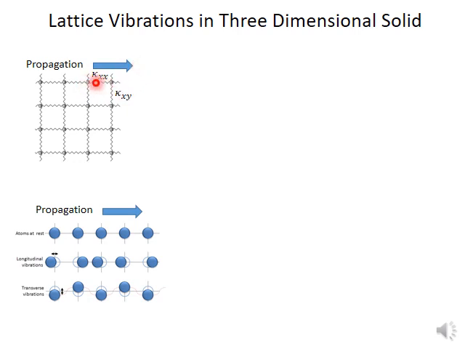In the x direction, this spring would represent the longitudinal vibration, and this spring, in the vertical direction, would represent the transverse oscillation. So what you have is that the spring constants now become tensors, because if you have propagation in this direction, x, which is represented by the first index, then the spring constant along x would be the longitudinal component, because it would represent the wave motion along the direction of propagation.